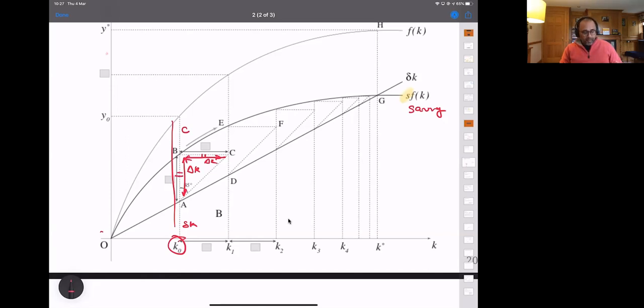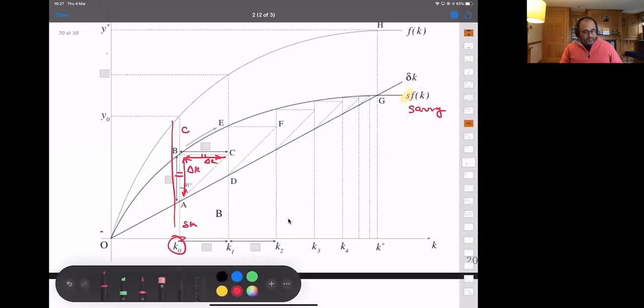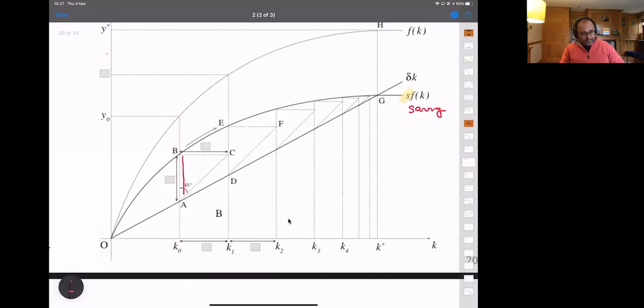So immediately from this diagram, let's remove all the extraneous bits, this distance here, which is output minus consumption minus depreciation, is the additional capital stock. So this becomes next period's capital stock. An economy that starts at K0 in one period will move to K1.